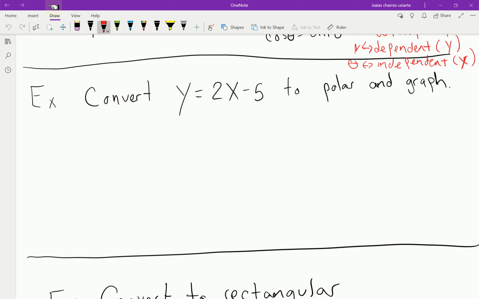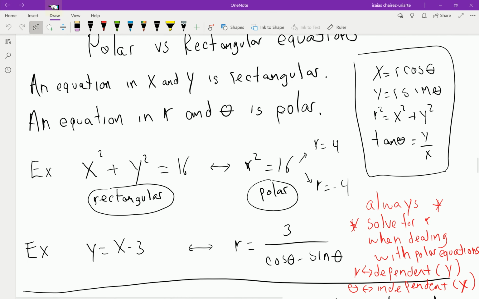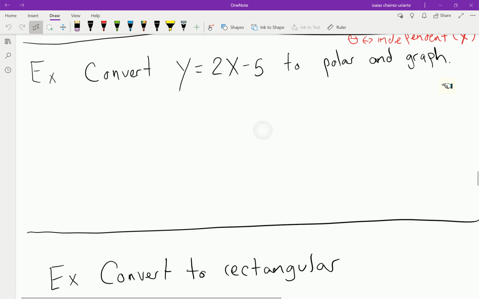Alright, so hopefully you were able to come up with the polar equation and the graph. So now let's just compare answers. I am going to use my 4 little translating equations that we have up here. Change my x to r cosine theta, change my y to r sine theta, and then solve for r.